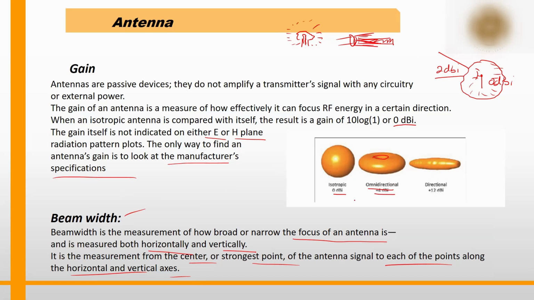Isotropic is 0 dBi, omnidirectional is 4 dBi. A highly directional antenna can give an increase of gain of plus 12 dBi. When you squeeze more, it becomes like this.